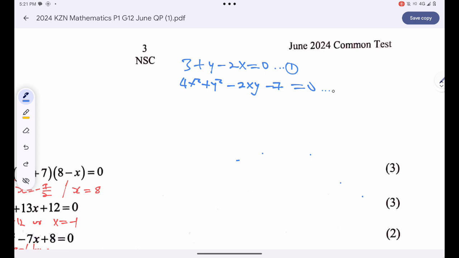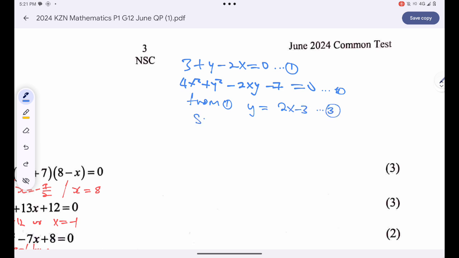Then all I have to do is create the third equation by identifying the easiest equation of the two. The simplest equation to manipulate is the first one. So from equation 1, y can be written as 2x minus 3. By doing this, I'm creating equation 3.